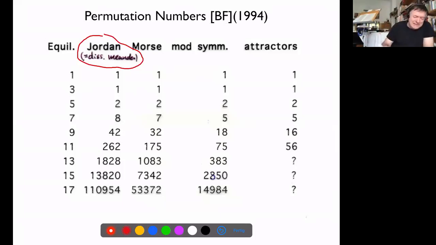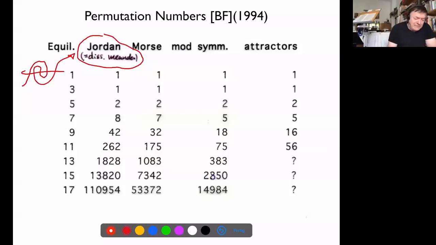And this is an odd number because here we study things which come from southwest and go to southeast. So we study configurations like I drew here on the left. And with 1357 equilibria, you get these numbers of configurations of open meanders.